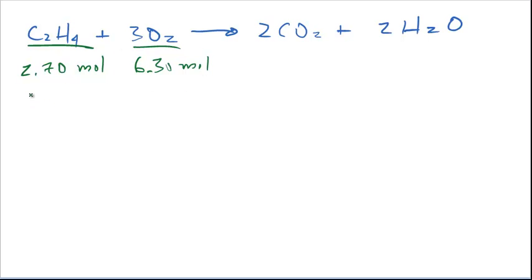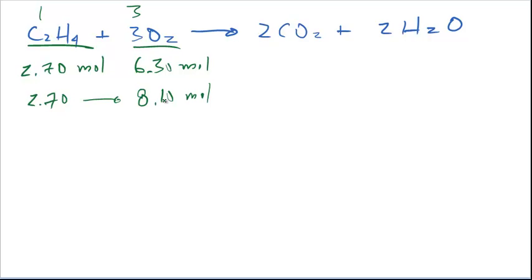because 2.7 moles of ethylene is going to require 8.1 moles of oxygen. So what I did here is I just took 2.7, the amount we were given, and I multiplied it by 3, by the 1 to 3 ratio.